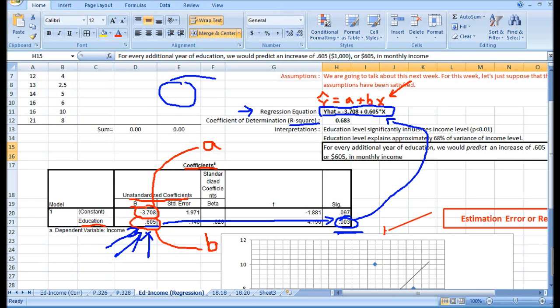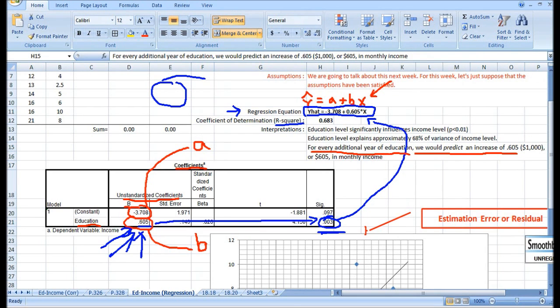For every additional year of education, we would predict an increase of $0.605 thousand dollars, or by multiplying 0.605 by $1,000 becomes $605, right?